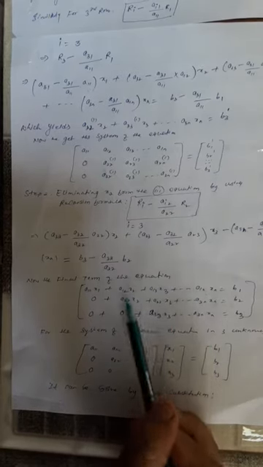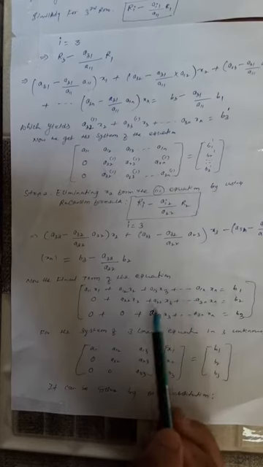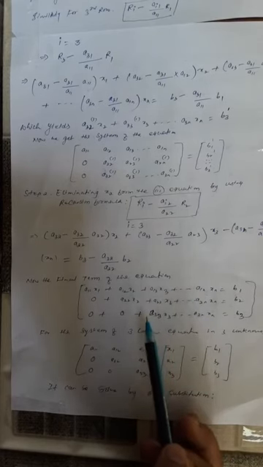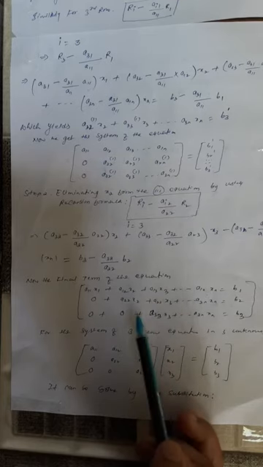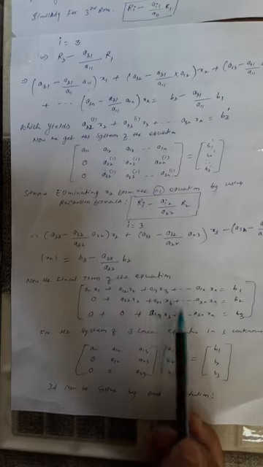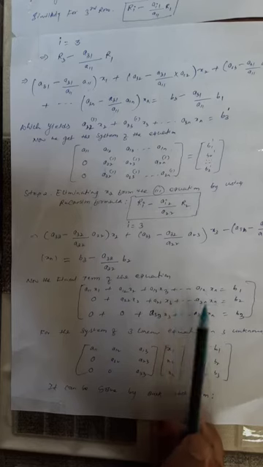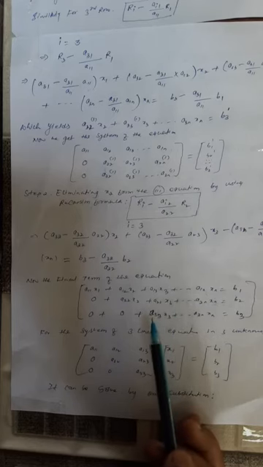When the equations are given in n unknowns, we can expand this formula. For the scope of your syllabus, you can find up to a 4 by 4 matrix or a 3 by 3 matrix. You need not go beyond order 4 and order 3.